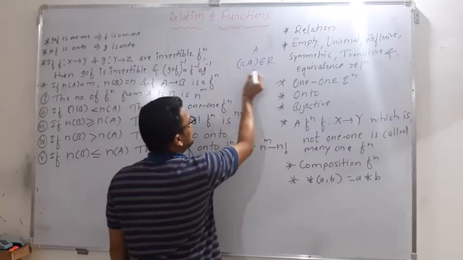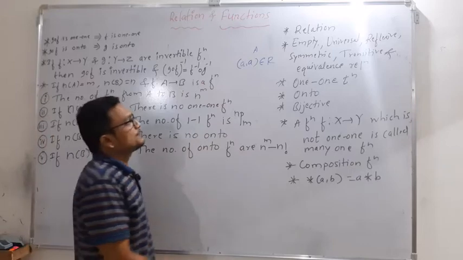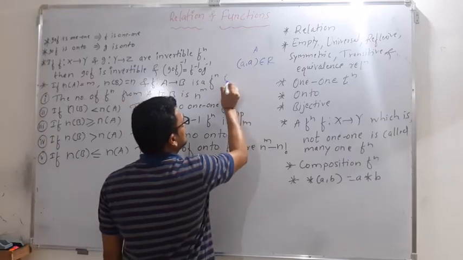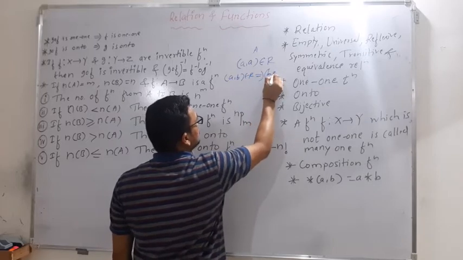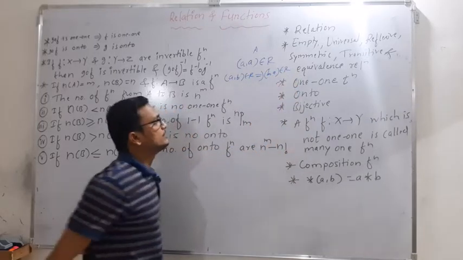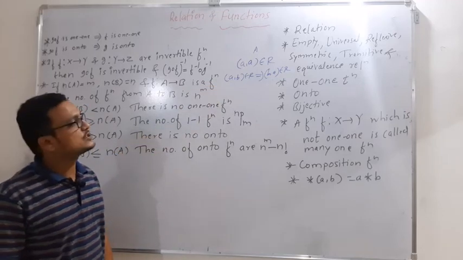Next, symmetric: (a, b) belongs to R implies (b, a) belongs to R. This is for a symmetric relation.